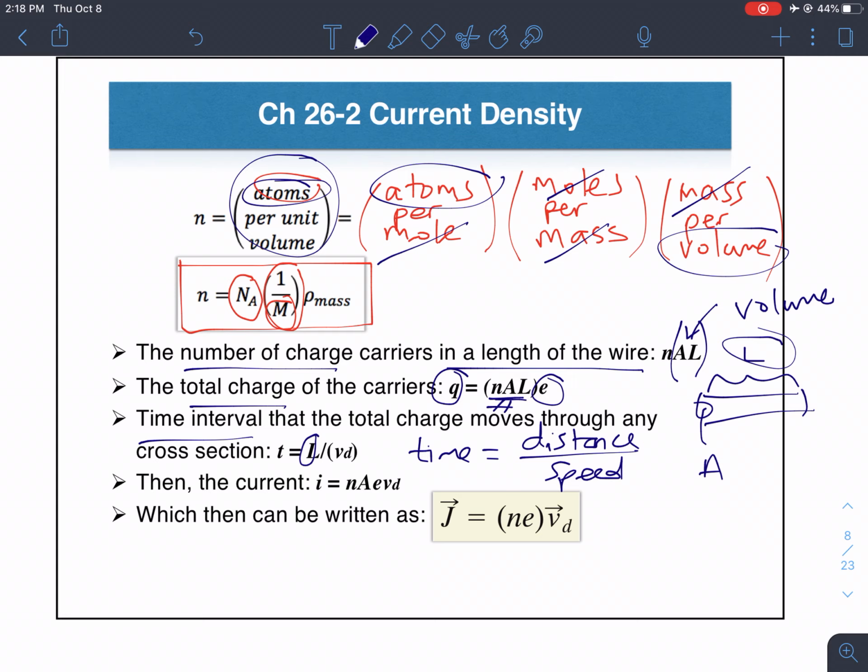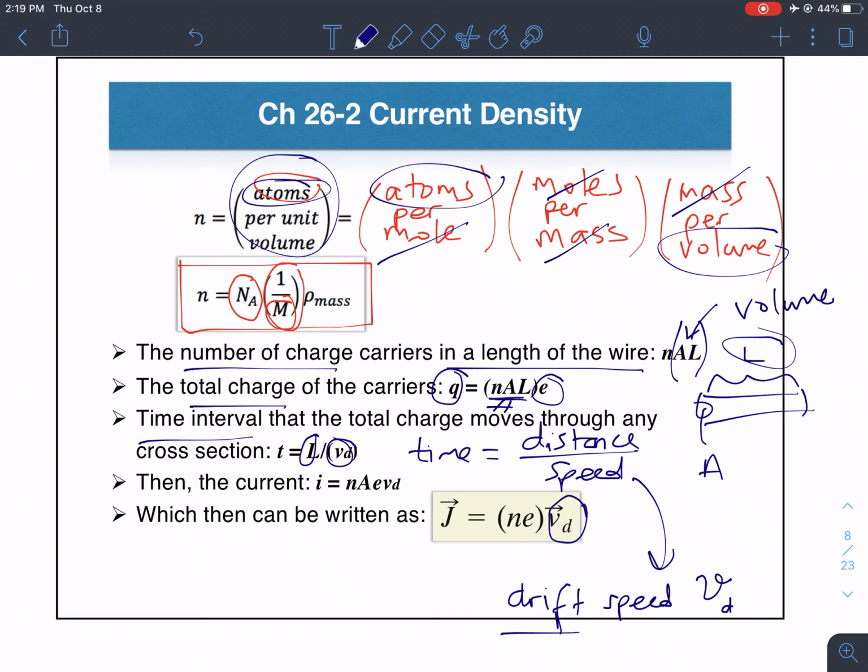So this is V sub D. It's not V times D, okay? So be careful with this. This is the drift speed. D is for drift. You can also see it here. But they look like they're multiplied here. They're not.